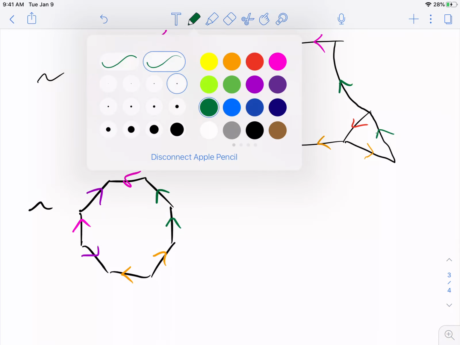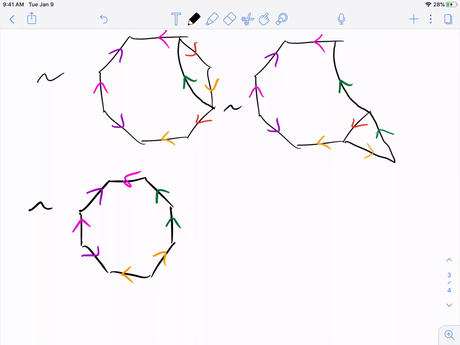So now I've kind of got three chunks, which are recognizable. I've got the torus on the left, I've got the RP2 on the upper right, and then I've got this thing here, right? Now there's two ways to deal with this. One is you could just sort of notice that this can be stretched.